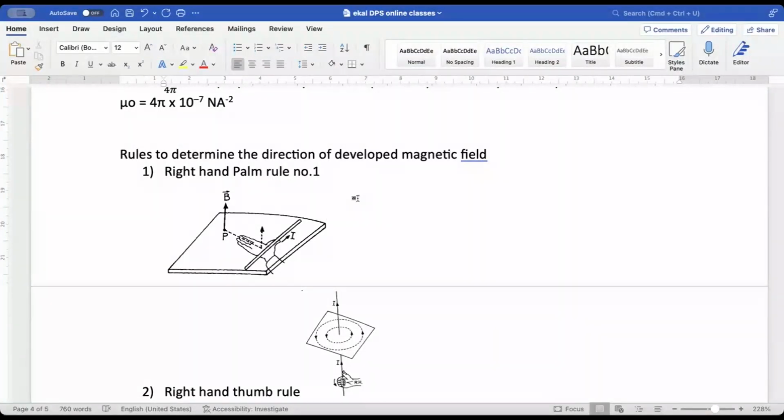It states that if we stretch our right hand, like I have shown in the figure, such that the thumb points in the direction of the current and the fingers towards the point P at which the direction of magnetic field is to be determined, then the perpendicular drawn from the palm in the upward direction will give us the direction of the magnetic field.